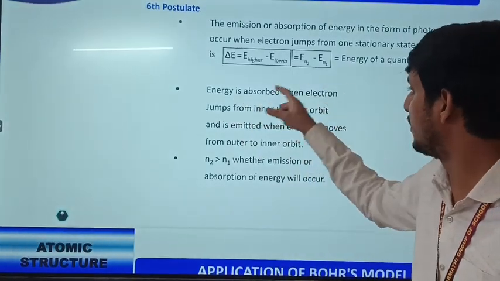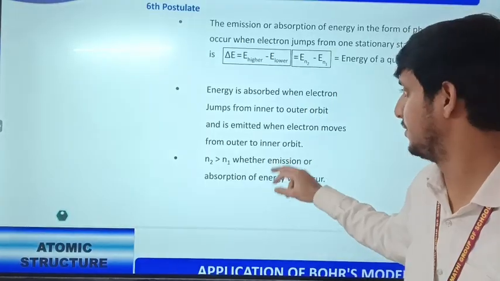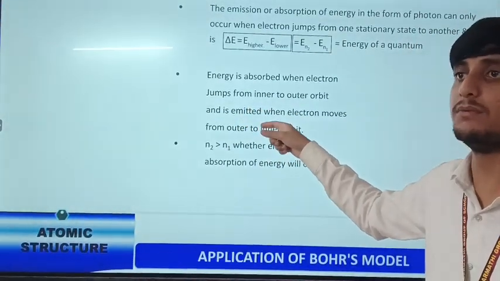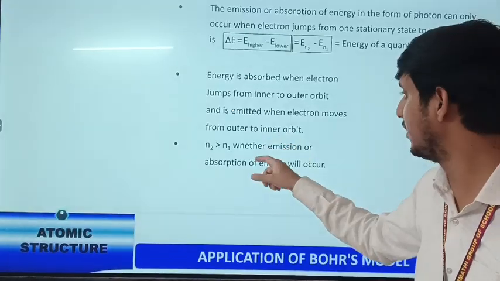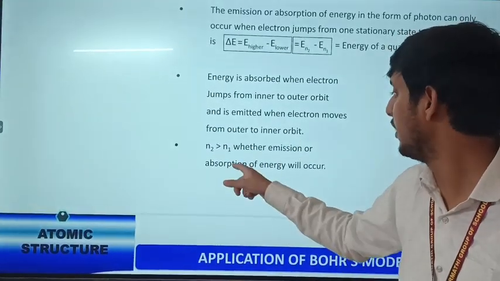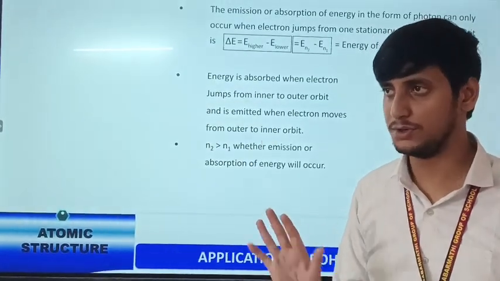Energy is absorbed when electrons jump from inner orbit to outer orbit, and energy is emitted when electrons move from higher to lower. Here n2 is greater than n1, whether emission or absorption of energy will be produced. Understood this point?